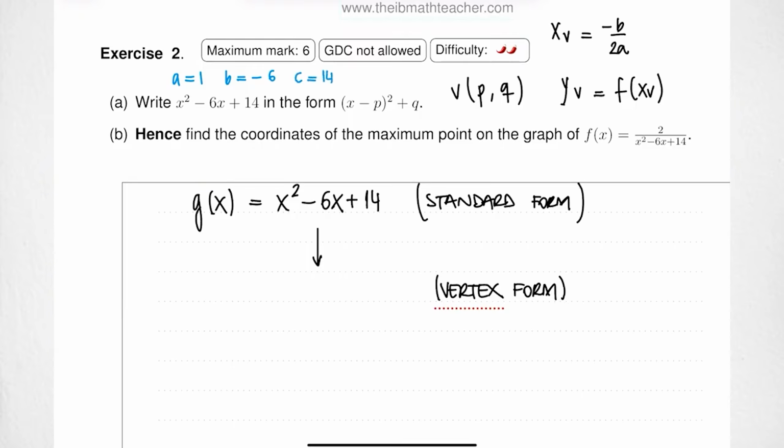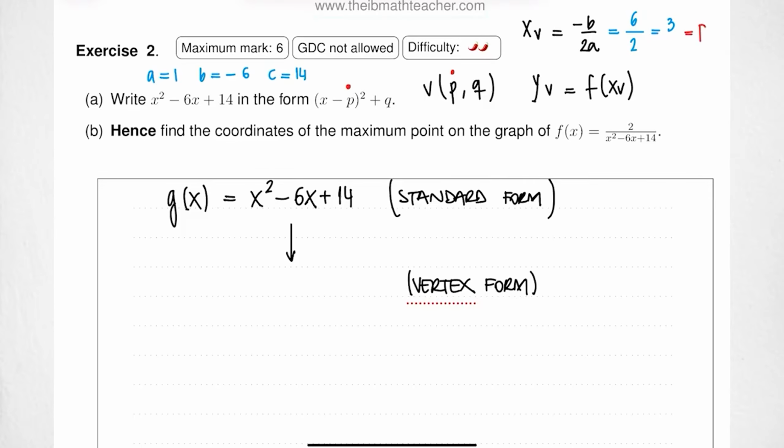Now, when you do -b over 2a, you get -(-6), meaning +6 over 2 times 1. So xv, which is being represented as p, is equal to 3. So we already have part of this vertex form. How do we get the q, which is outside this set of parentheses?